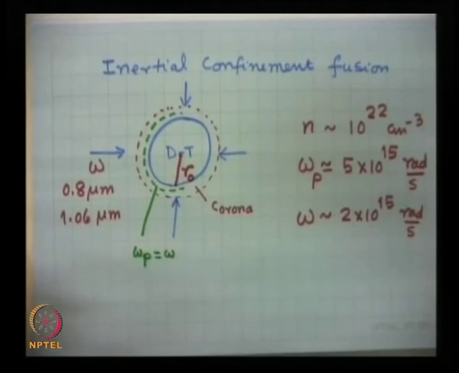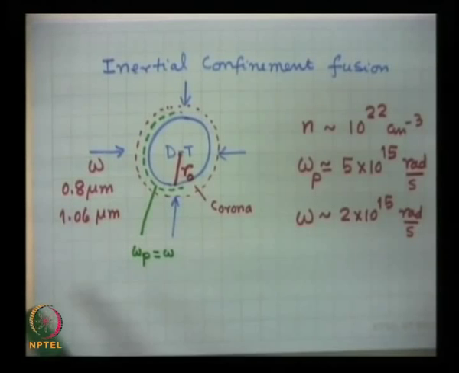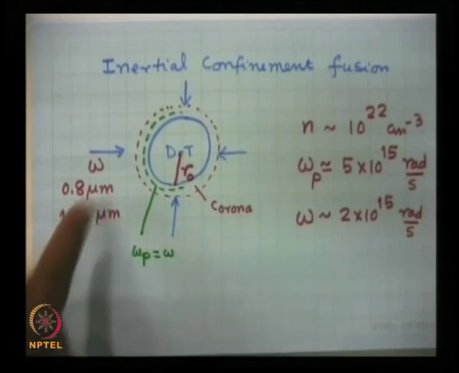Inside this, omega p is bigger than omega, the laser frequency, and hence that is an overdense plasma as far as the laser is concerned. So, the laser will penetrate up to the critical layer.